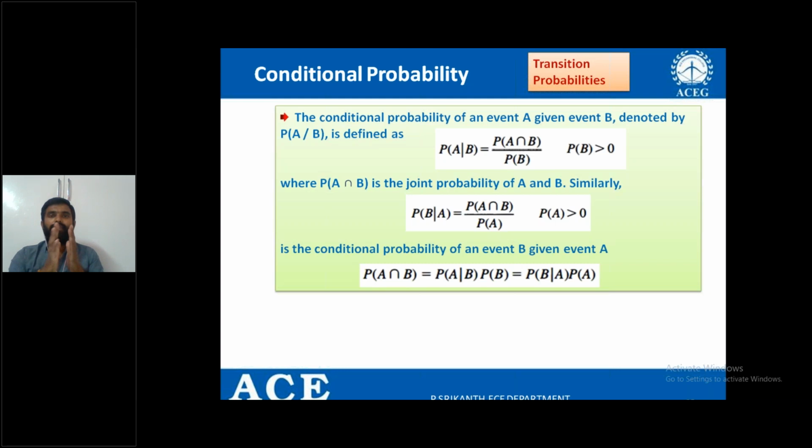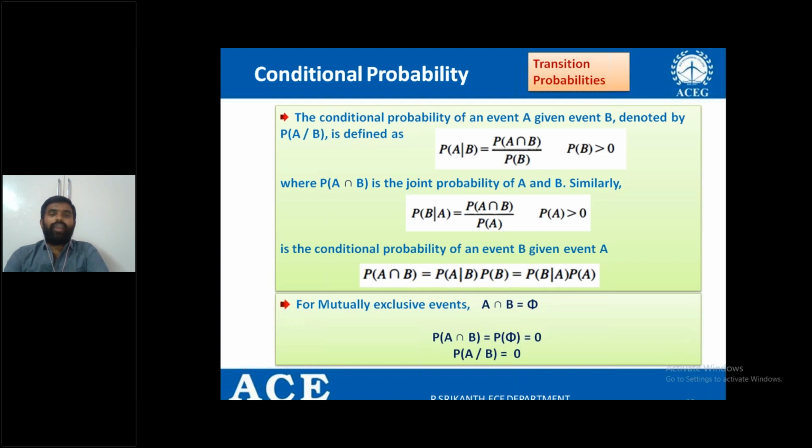That is the relation between conditional probability and joint probability. Here, if you observe, we have written the conditional probability as transition probabilities. So why are we calling them transition probabilities? That part we'll discuss while discussing Bayes theorem, right?